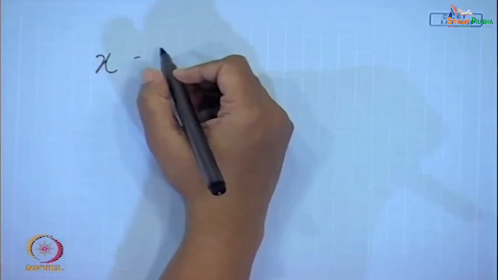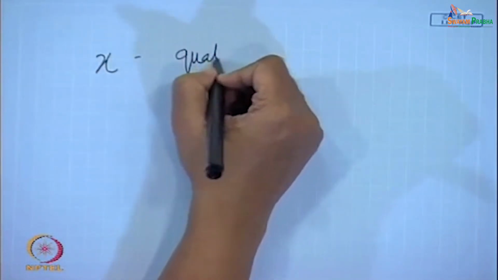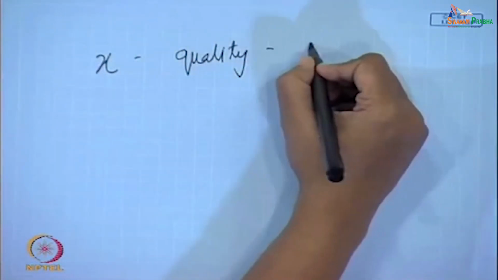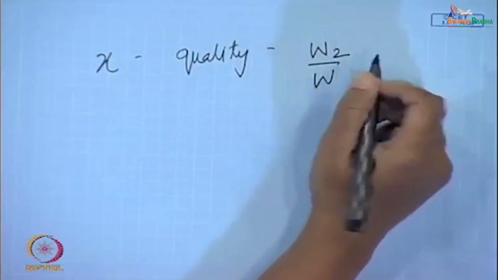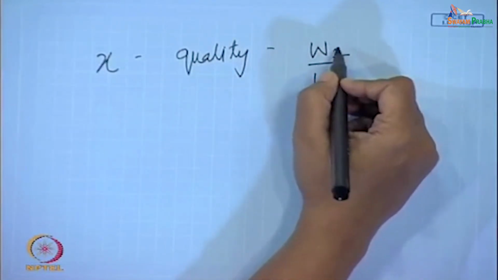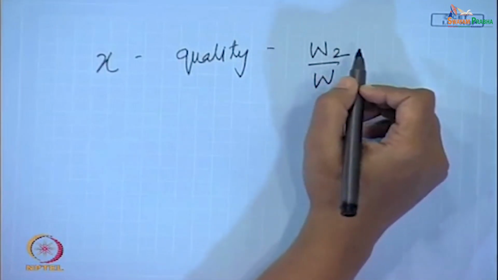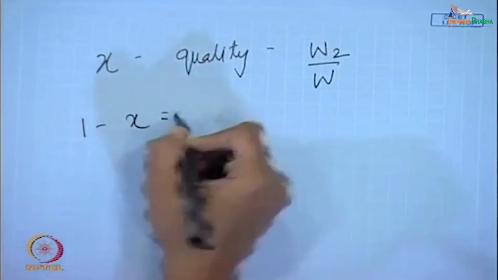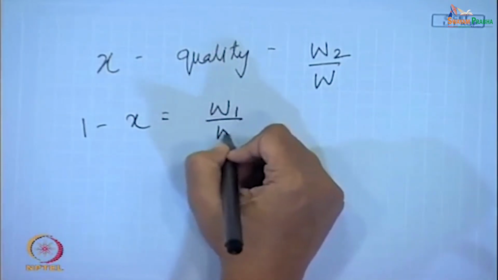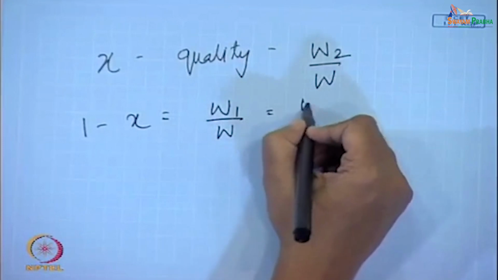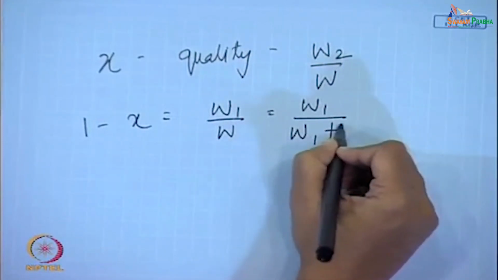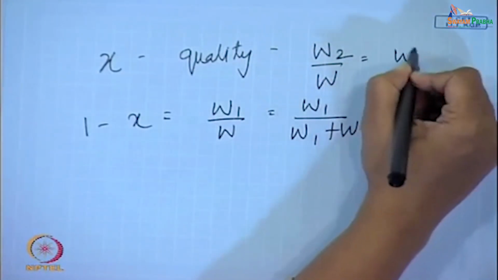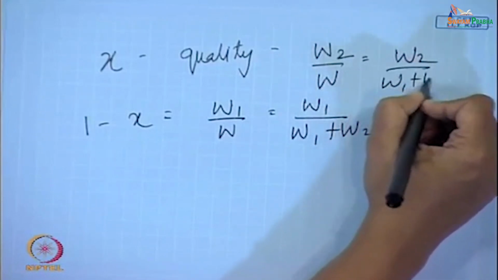From thermodynamics, we know that usually the mass fraction is defined as quality X, okay, where X is nothing but W2 by W, where you remember 2 is the lighter phase or the discontinuous phase, which usually refers to the vapor phase or the liquid phase in this particular condition, and 1 minus X is naturally W1 by W. We can write it in this particular way.